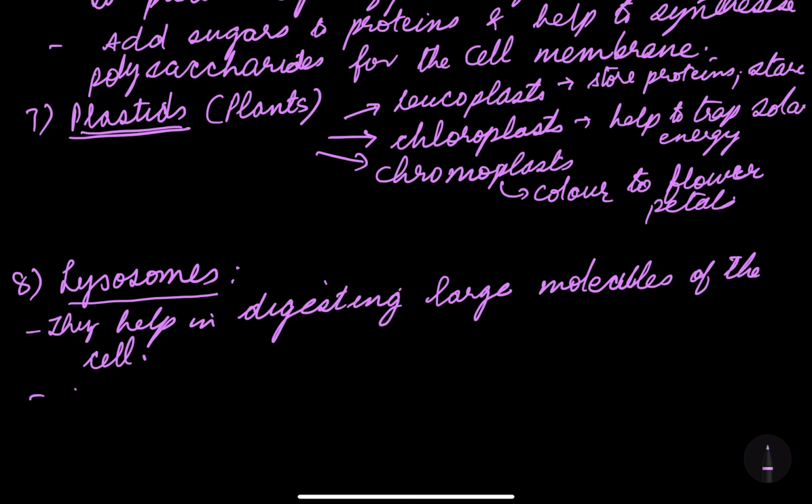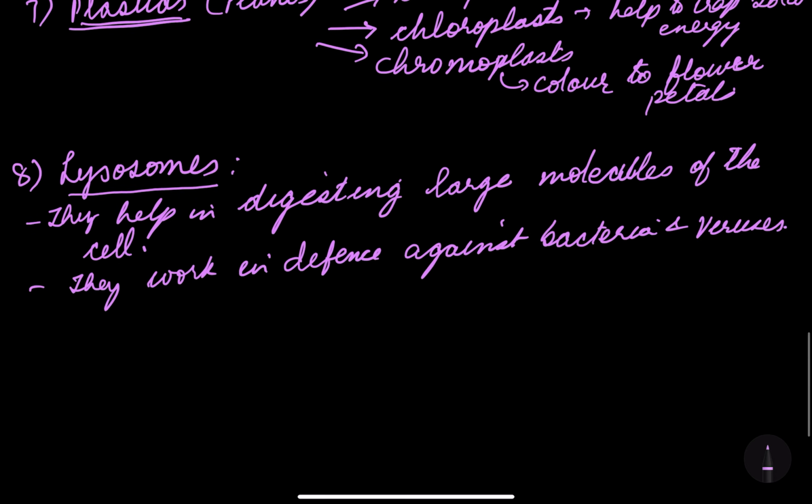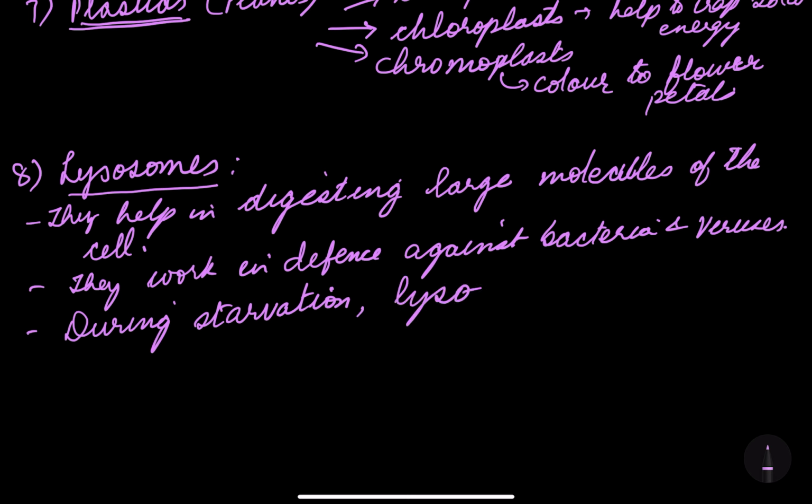Now they work in defense against any pathogen that might have entered. So against bacteria and viruses, they eat them up basically. And during starvation, that means that period when somebody is not eating food, lysosomes can digest their own cell organelles.